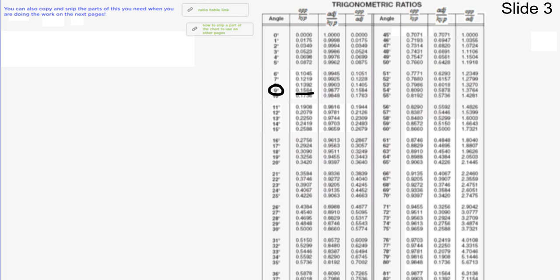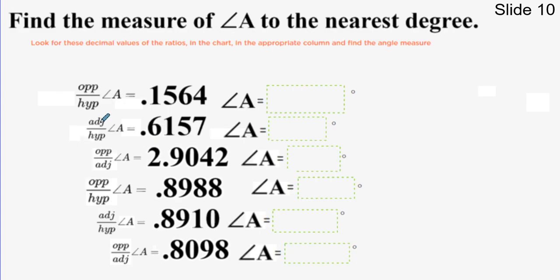Let's try another one together. Let's see if we can do the adjacent over hypotenuse for angle A. That gives us a ratio of 0.6157. Remember, we're going to go to the table, look in our column for adjacent over hypotenuse, go down until we see this ratio or something close to that, and it will tell us the angle.